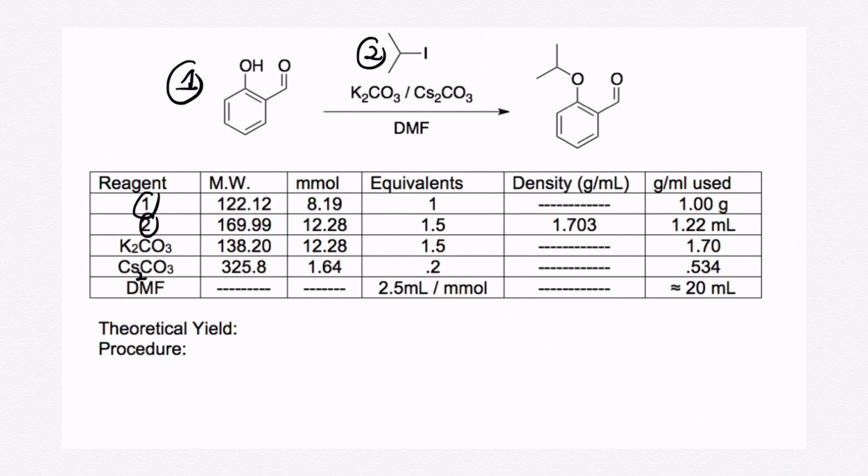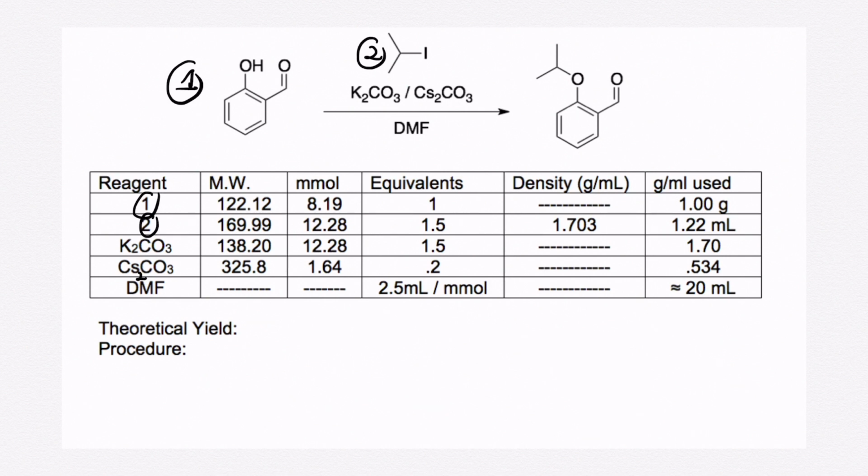I then repeat this process with the other compounds, and that allows me to fill out the grams or milliliters used column. So just for clarification, I would take 8.19 and multiply that by 2.5 and then that is how I get approximately 20 milliliters of DMF.